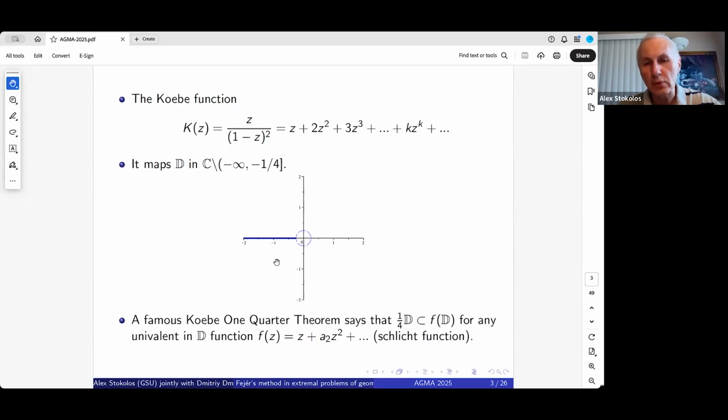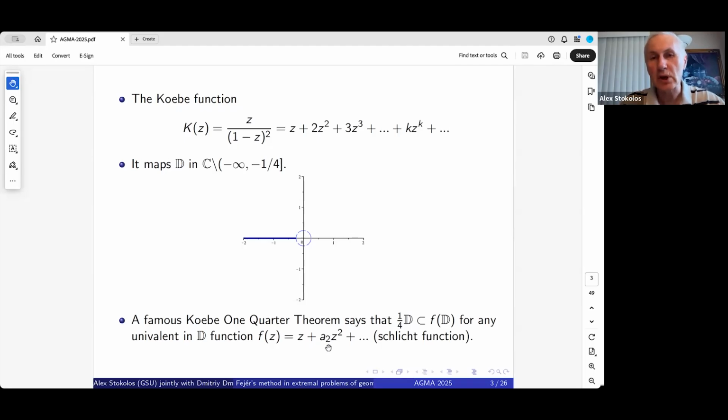Actually, Koebe didn't prove this statement. He proved that there is some disk of fixed radius, and the Koebe function gives the estimate that this disk cannot be more than 1/4. His student Ludwig Bieberbach proved the estimate for the second coefficient of a Schlicht function, that its absolute value is less than or equal to 2 in the complex case.